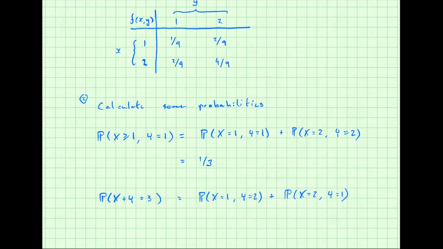We can just add them up. If x is 1 and y is 2, that's 2/9. If x is 2 and y is 1, that's also 2/9. And so 4/9 is the answer.